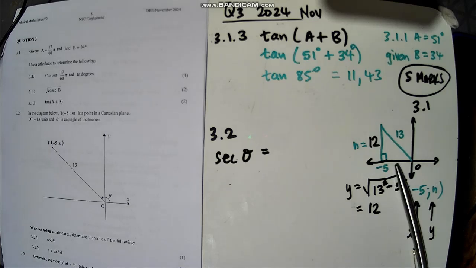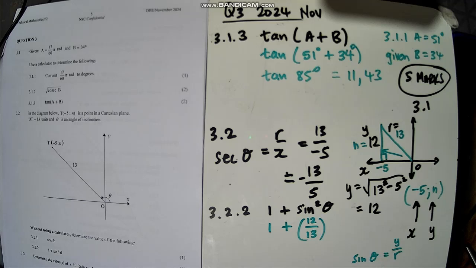Now secant theta is the opposite of cos. Now cos is x value over the r value. This means secant theta is going to be r over x. It's the opposite, it's the flip of x over r, so it will be r over x. And in the diagram we can see it's 13 over negative 5.